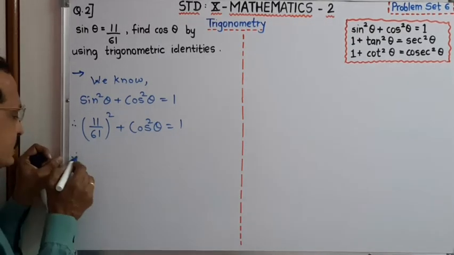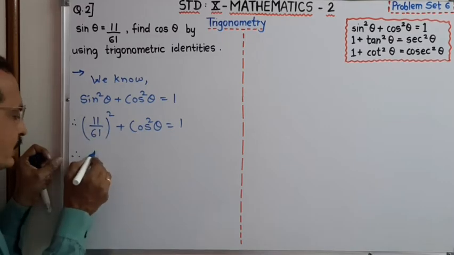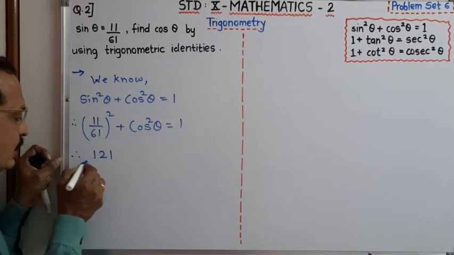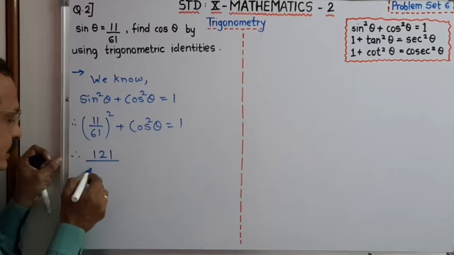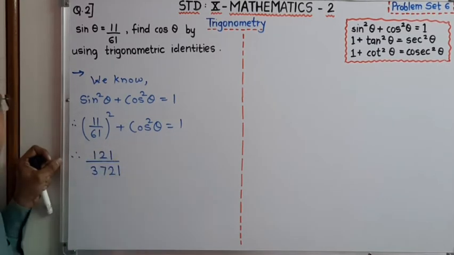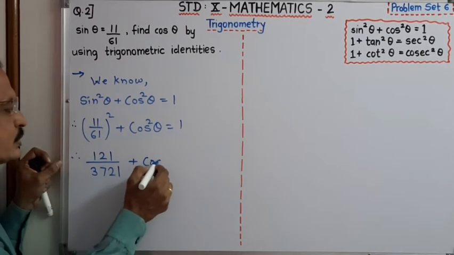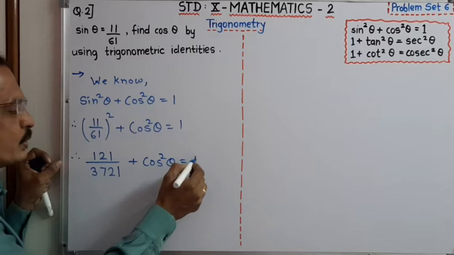Then we have to do the squares. The square of 11 is 121 and the square of 61 is 3721. That is 121 upon 3721 plus cos square theta is equal to 1.